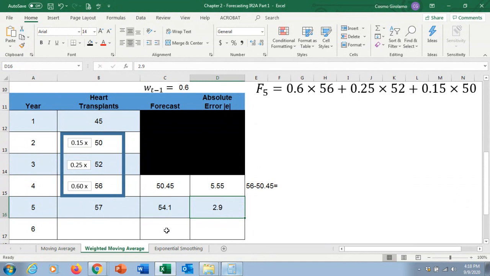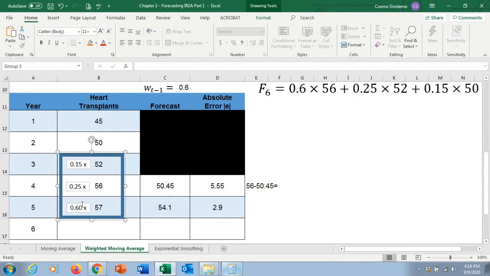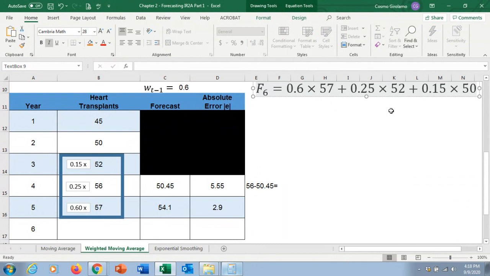Finally, what are we going to predict for F6? So F6 is our next prediction. So we're going to take our 3-year weighted moving average, slide it down. So 0.6 is going to be by what happened one period ago, so 57. 0.25 times 56 plus 0.15 times 52.